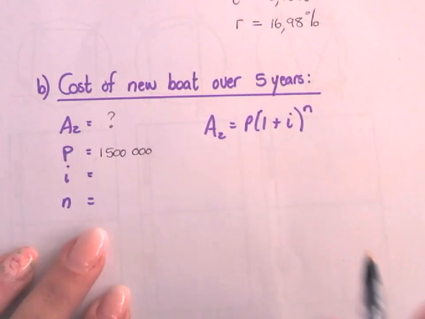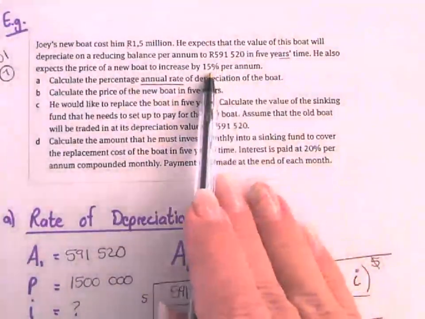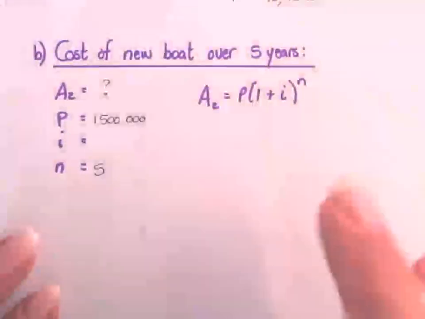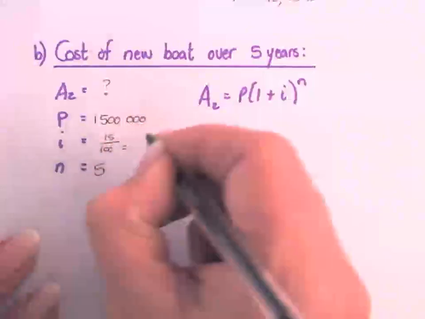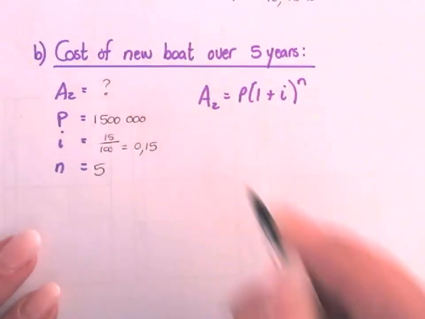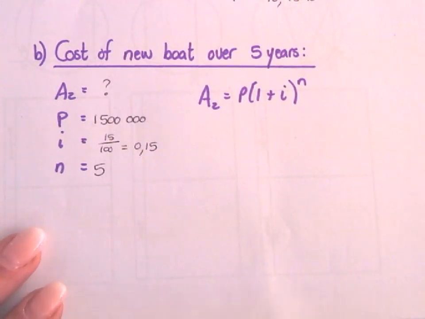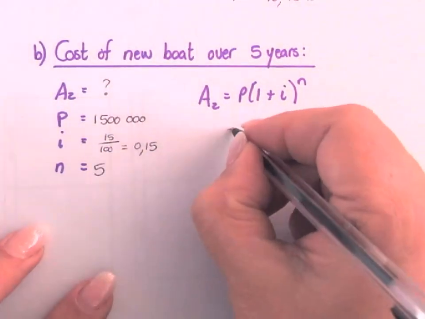interest. So n is 5, and the interest they said was 15%. So it's 15 over 100, that's 0.15. Substitute that in.